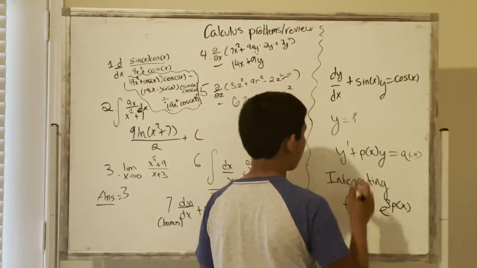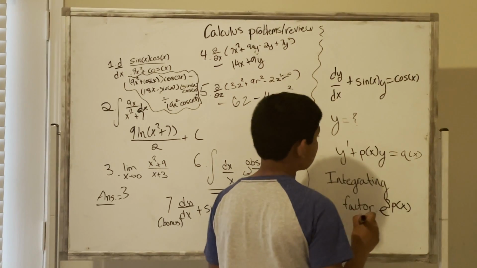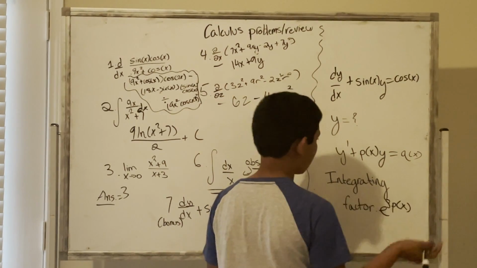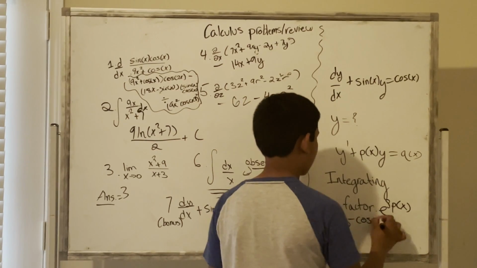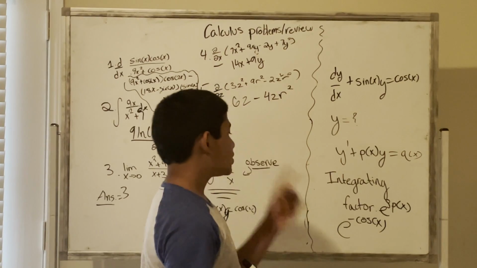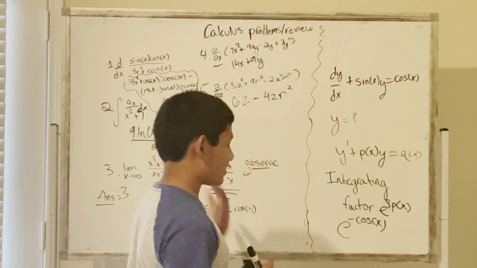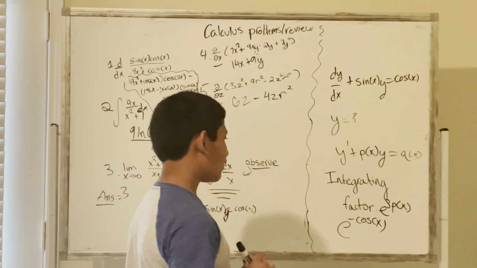And what's p of x? Well, p of x is sine of x. So the integrating factor is going to be e to the minus cosine of x. The integral of sine x is minus cosine x, and the integral of cosine x is sine x.